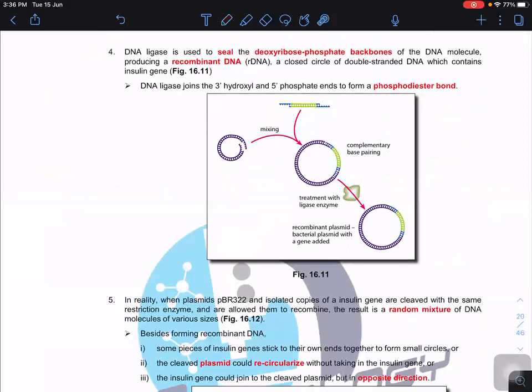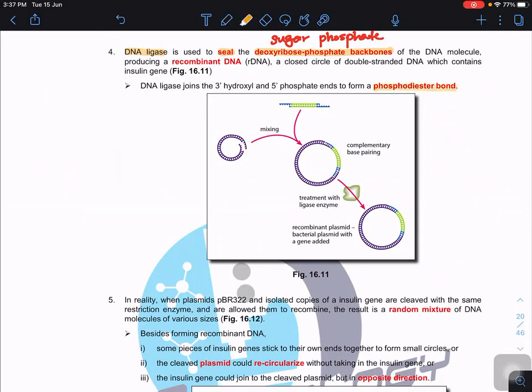So this DNA ligase is used, highlight, we need a DNA ligase now to seal the deoxyribose, or in this case, we can also call it the sugar phosphate backbone, by forming the phosphodiester bond.